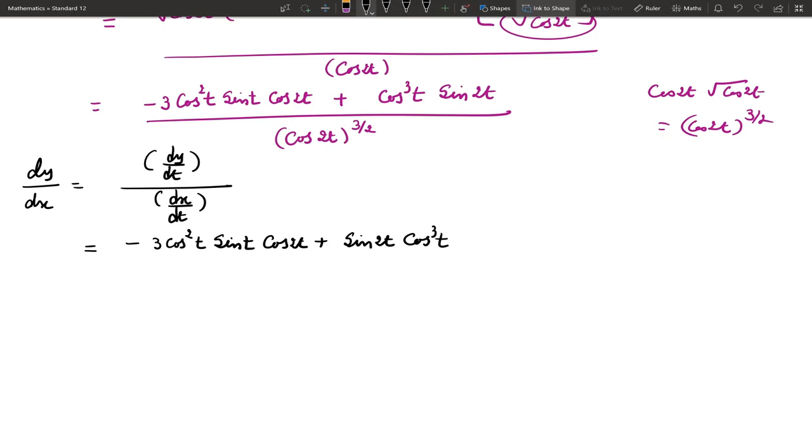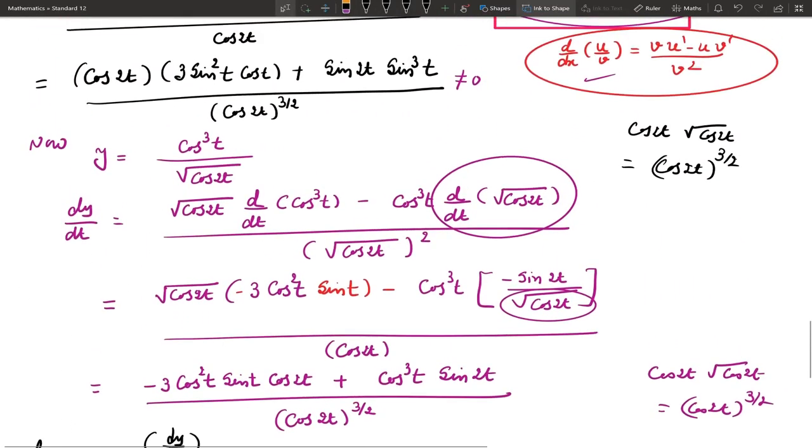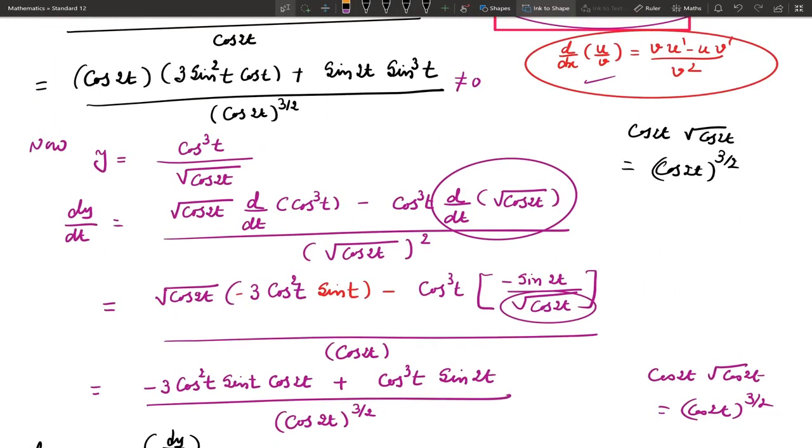In the denominator, both contain cos 2t raised to 3 by 2, so it will be cancelled, upon dx by dt. So this is cos 2t.